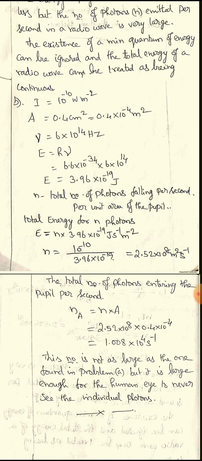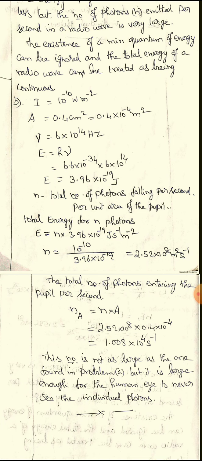So what is N? N is the total number of photons falling per second per unit area of the pupil, which is on the I. You are taking the total energy for n photons.